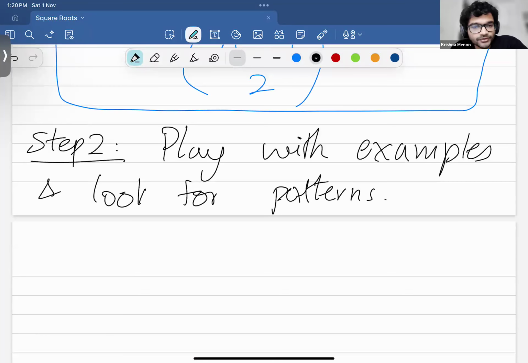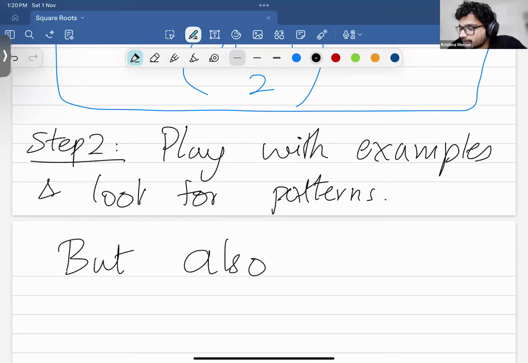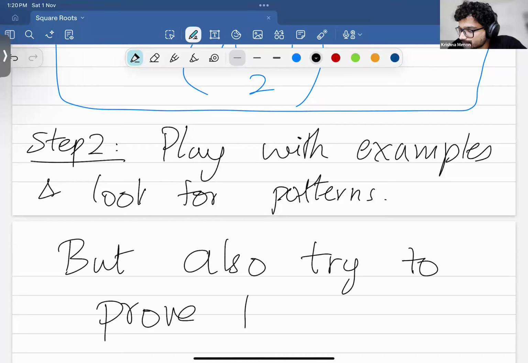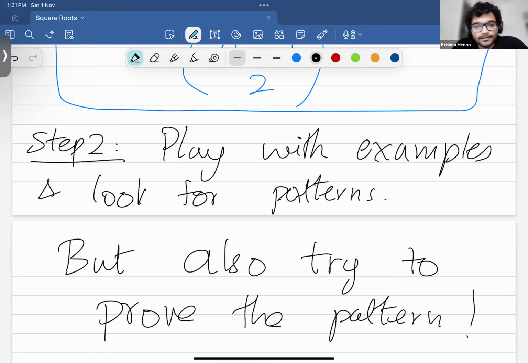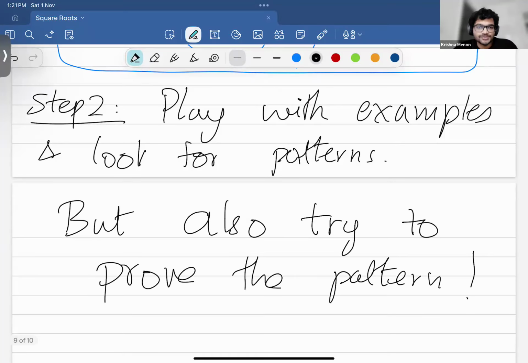Like for example, a lot of you did figure out that these are triangular numbers. But also try to prove the pattern. Okay. So we saw one proof earlier for these numbers, which is the 1 plus 2 plus 3 and so on. And Asma also noticed another proof for the n minus 1 choose 2.